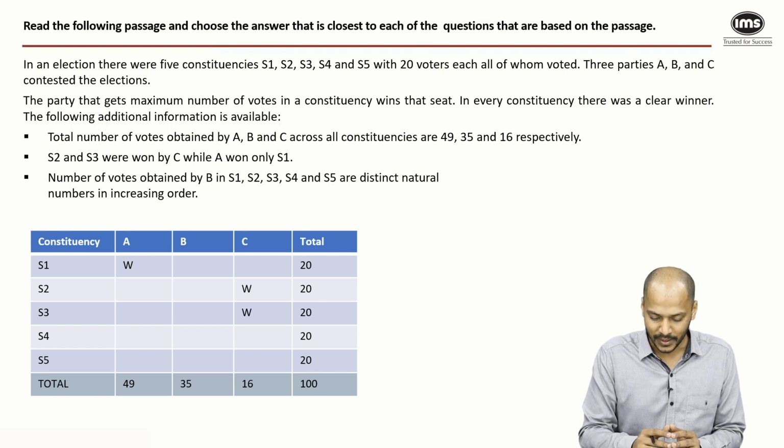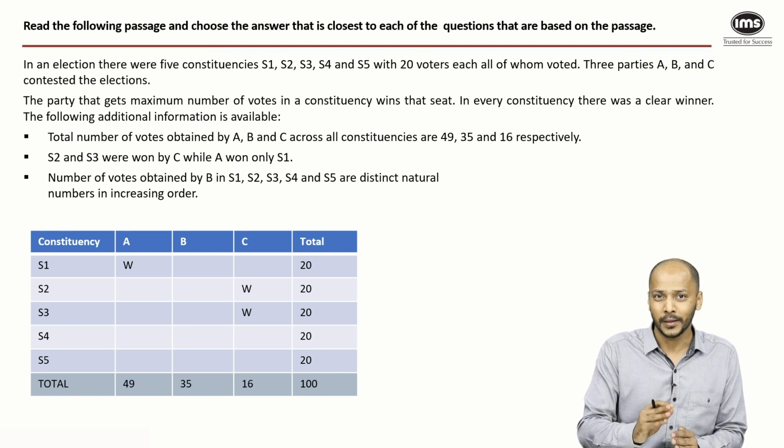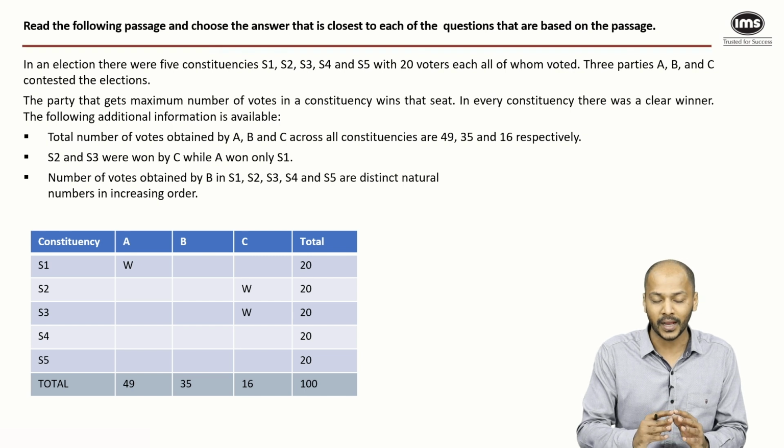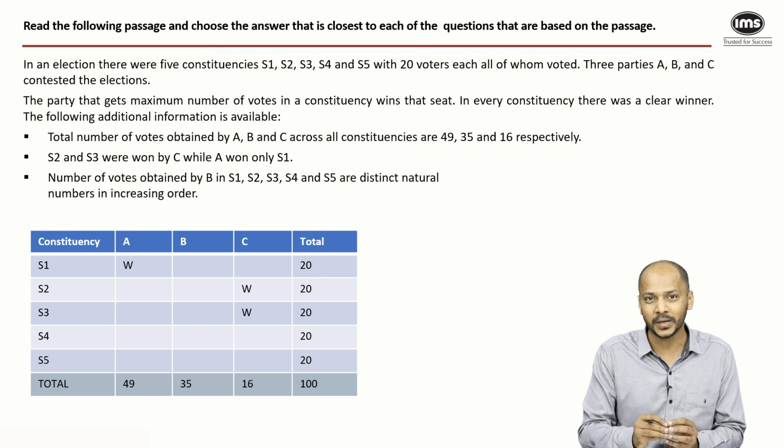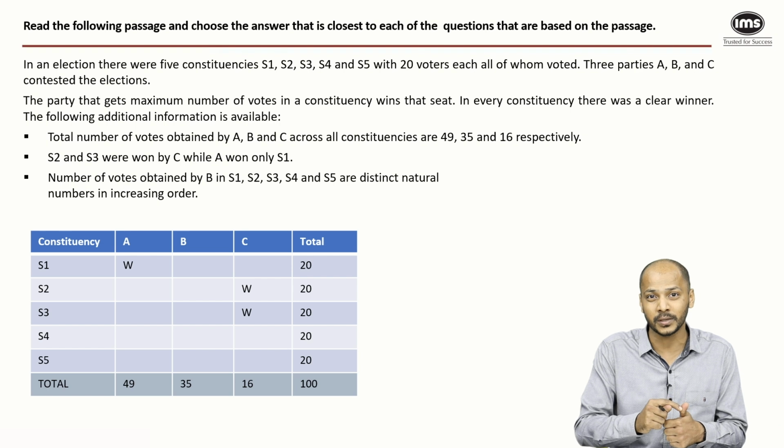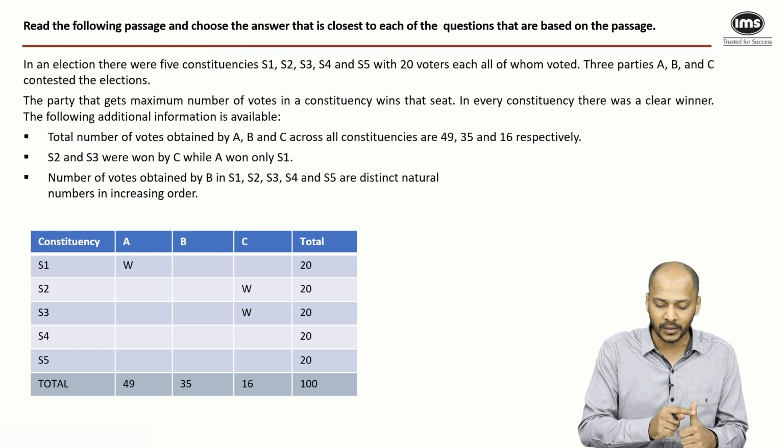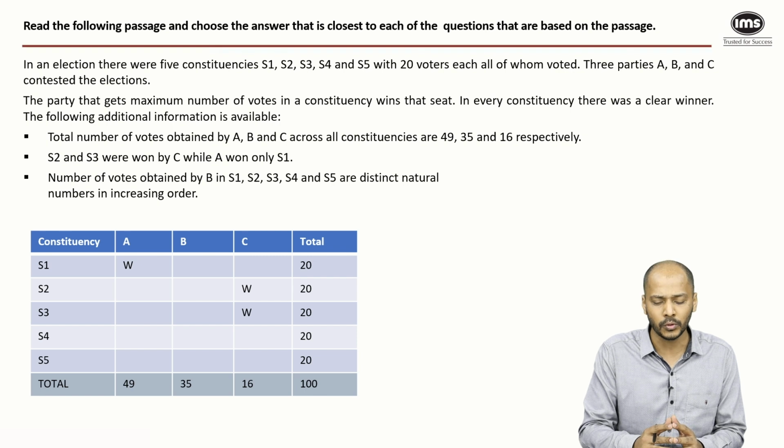I'll still ask all students to take a minute or two to see if they are able to process this information, maybe apply some logical reasoning with numbers, because the key point here is votes have to be natural numbers and we need a clear winner, and maybe some numbers have been provided to us. So using that, maybe we'll have to figure out something here.